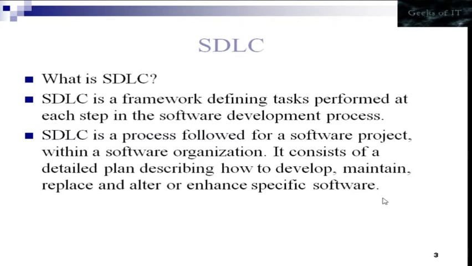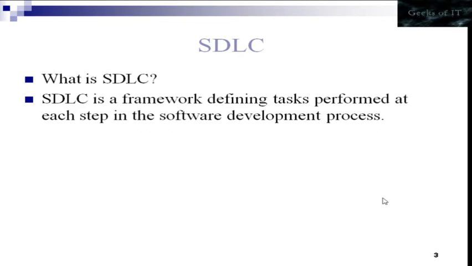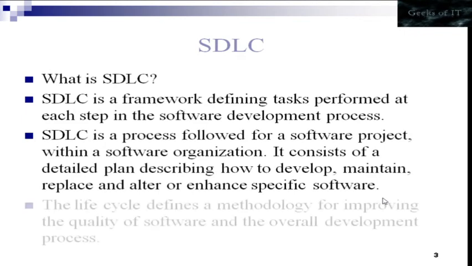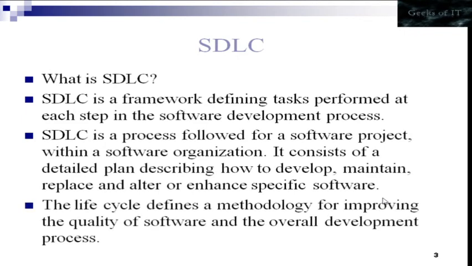SDLC provides a well-structured flow of phases that helps an organization to quickly produce high-quality software which is well tested and ready for production use. The life cycle of SDLC defines a methodology that improves the quality of software and the overall development process.